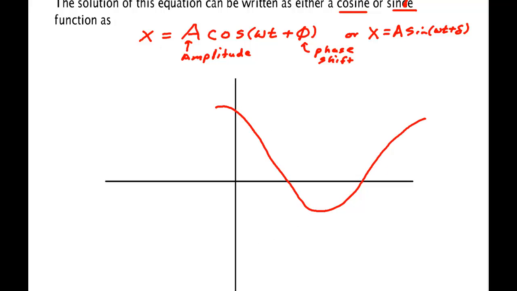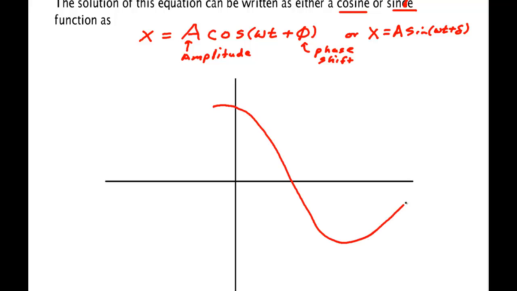Let me try to do a little better if I can. So it repeats itself. This height here is at A. This bottom is at minus A.